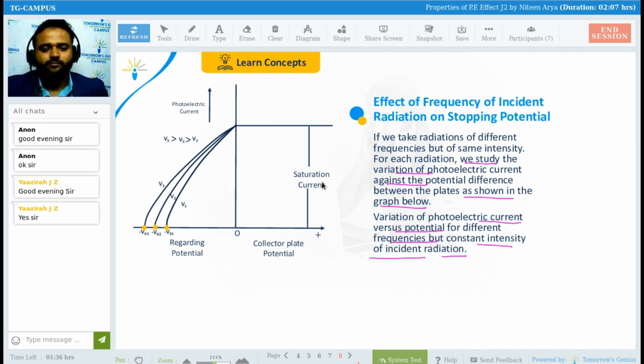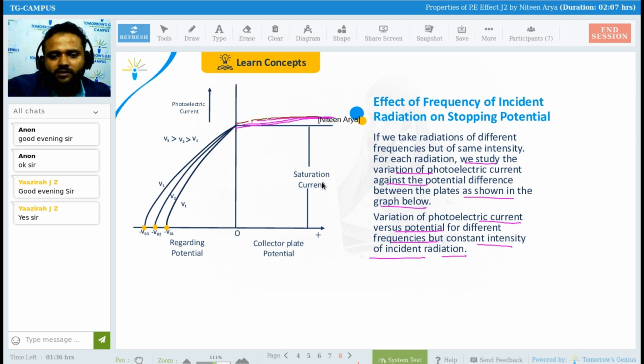Somehow this is what your graph is going to look like after a certain point. It is not actually exact. It is going to be somewhere in this way, and then somewhere in this way, and then somewhere in this way. So after a certain point, it is going to be constant. I mean this single line, obviously you cannot get like this.